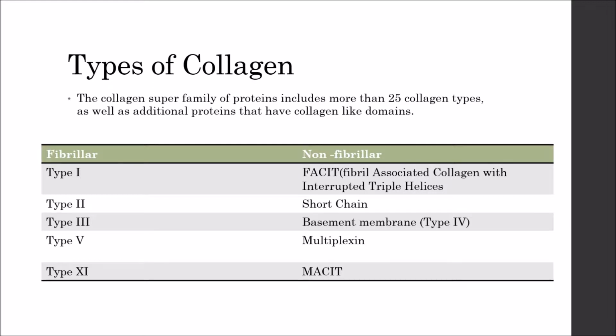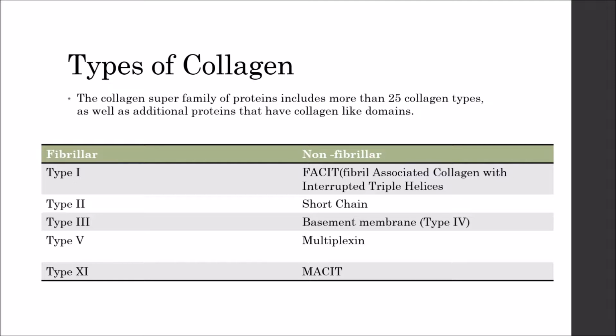The collagen superfamily of proteins includes more than 25 collagen types, as well as additional proteins that have collagen-like domains. It is divided into fibrillar and non-fibrillar. For fibrillar, type 1 examples are skin, tendons, vascular organs, and bones.